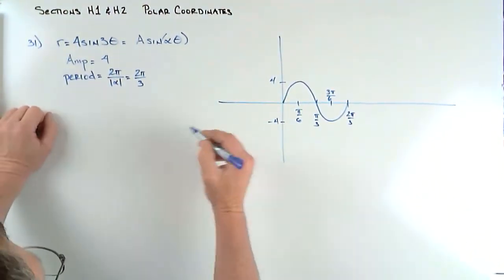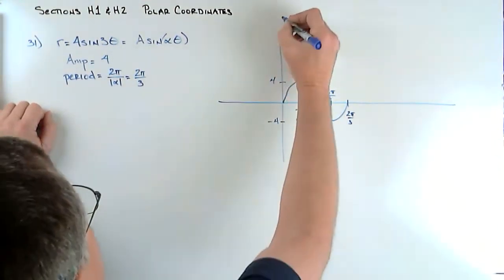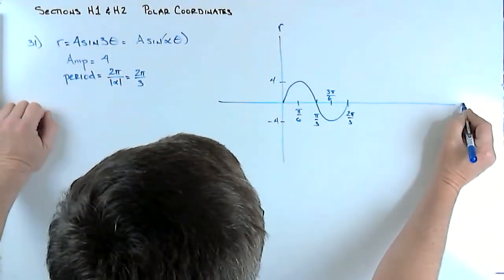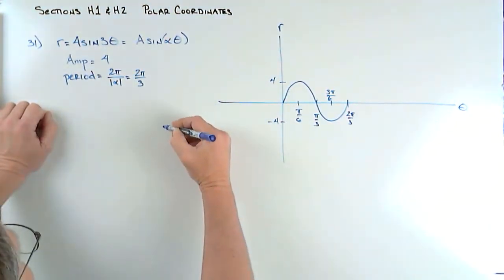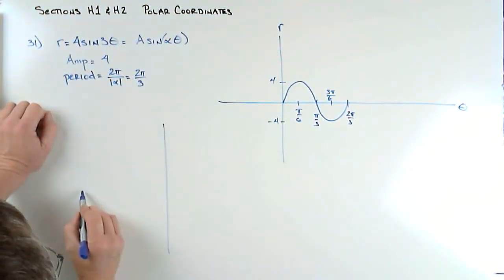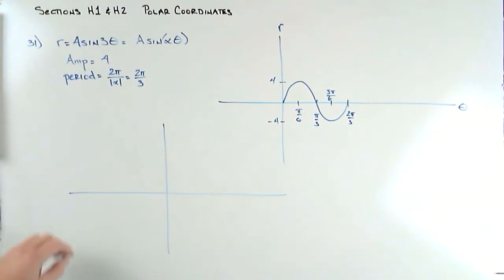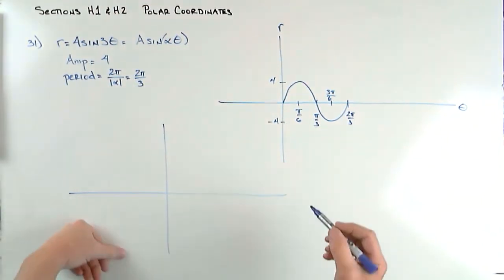Our approach here is to take this graph, treat this as r and this as theta, and transfer that graph onto our polar graph here. We did an example like this in class, but I'll go through it step by step.